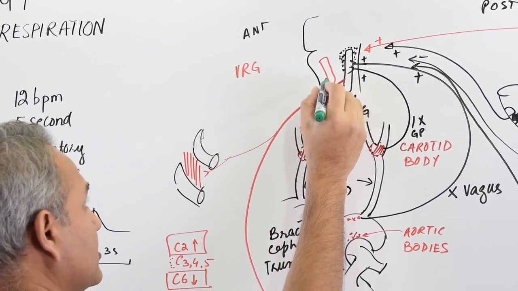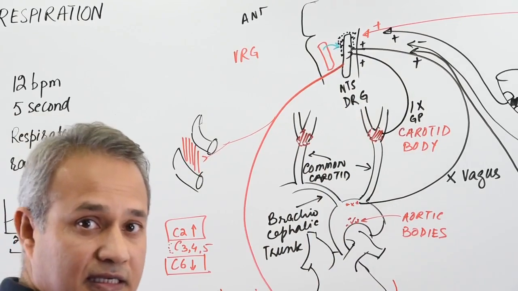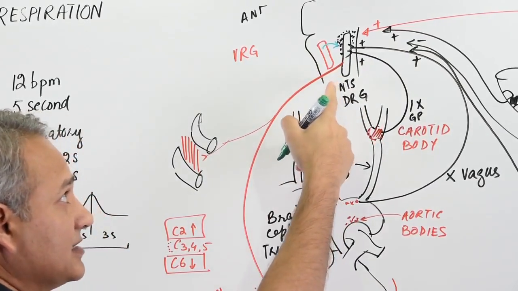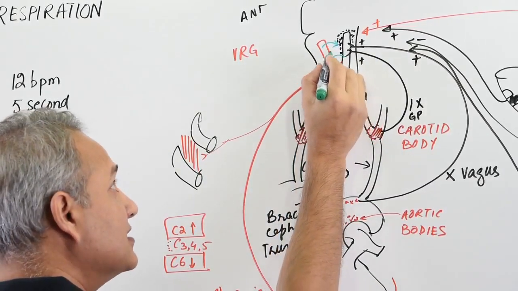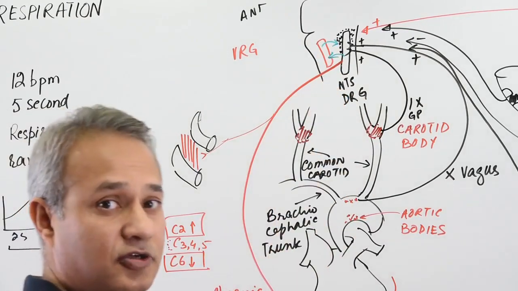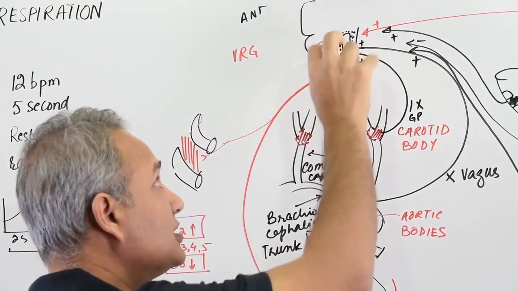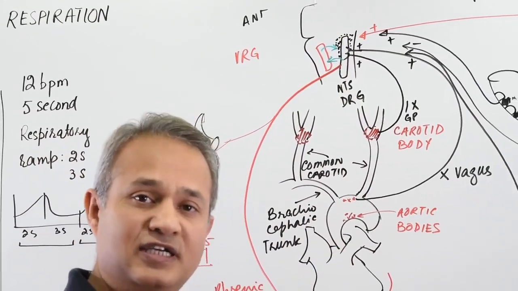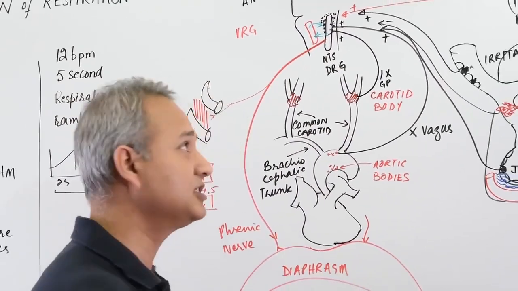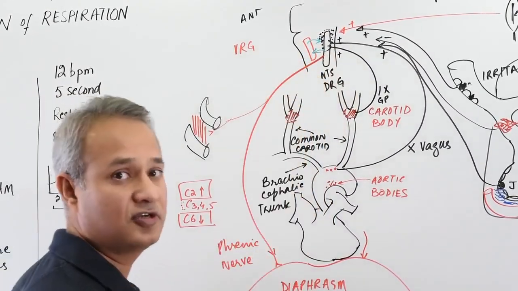It sends outputs to, number one, it excites the NTS, and NTS excites this. Normally, the excitation of the ventral respiratory group is in the hands of the dorsal respiratory group. When the dorsal respiratory group is triggered too much, when there is lots of excitation over there, that spills up and out and triggers the ventral respiratory group.